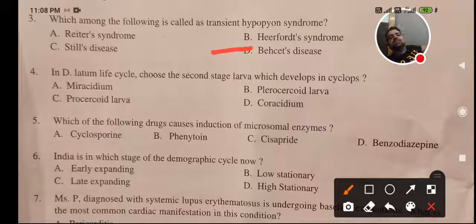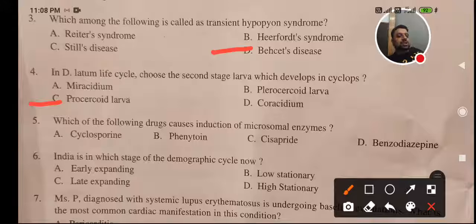In the life cycle, choose the second stage larva which develops in Cyclops. The best answer here is the procercoid larva. Procercoid larva.